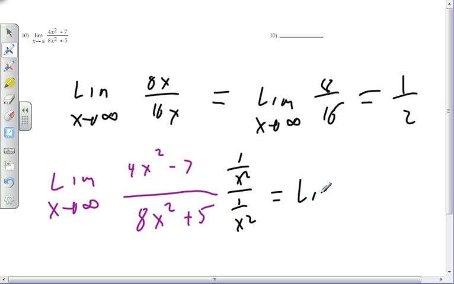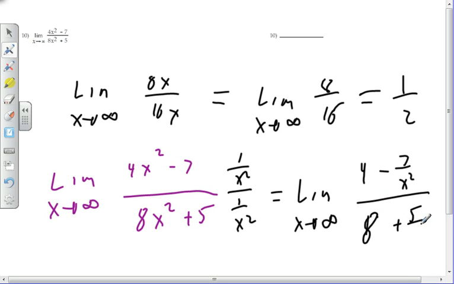I'd get the limit as x goes to infinity of 4 minus 7 over x squared divided by 8 plus 5 over x squared. Then this goes to 0, that goes to 0, and I have 4 over 8, which is 1/2. I would do it that way if I was going to do it with algebra, not with a calculus approach.